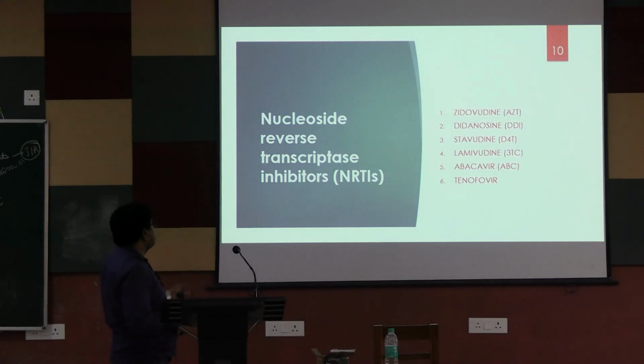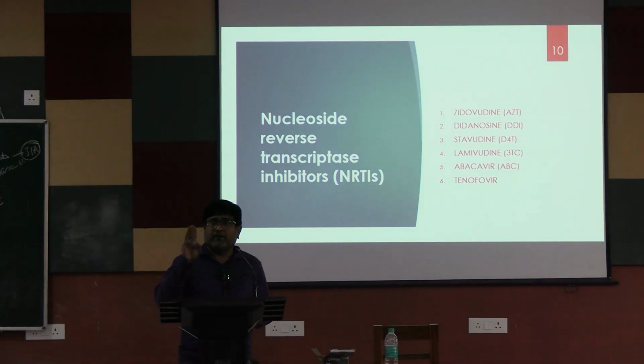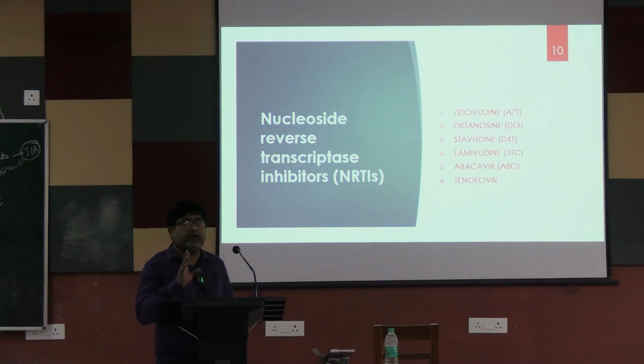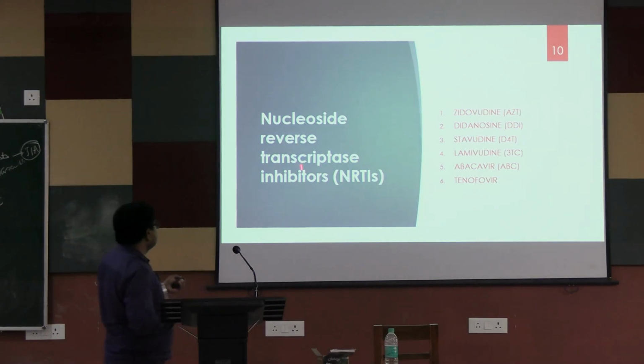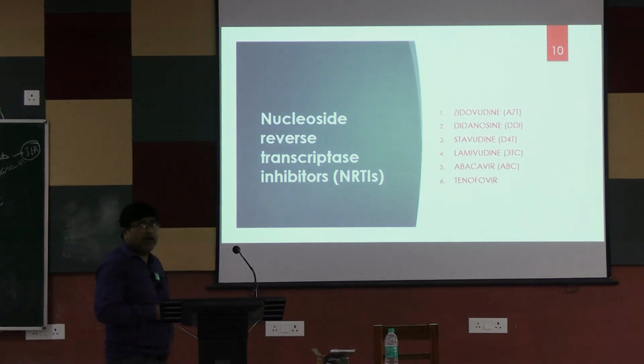Today we will discuss the three major groups, NRTI, NNRTI and PI. Now coming to nucleoside reverse transcriptase inhibitors, they include Zidovudine, Didanosine, Stavudine, Lamivudine, Abacavir and Tenofovir.